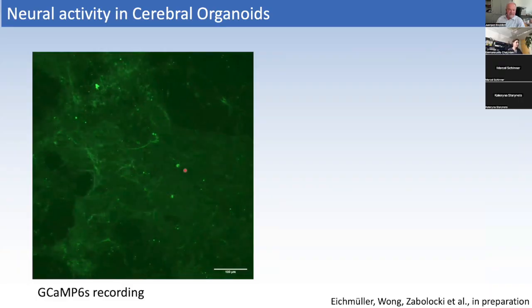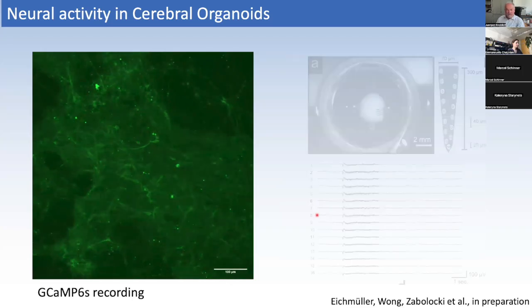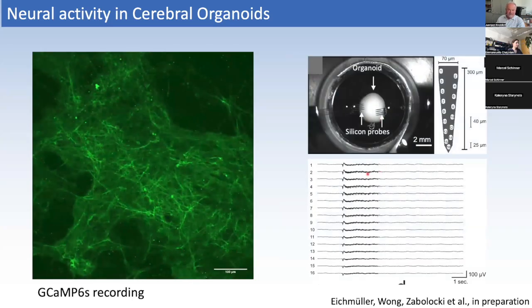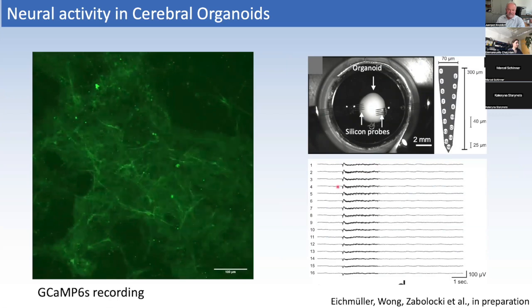And you can see that the entire network shows these bursts of activity where the whole network is firing, like now. We can also do electrophysiology in the organoids, and then we can again see these bursts of activity. The good thing about electrophysiology is that you have a much, much better temporal resolution.